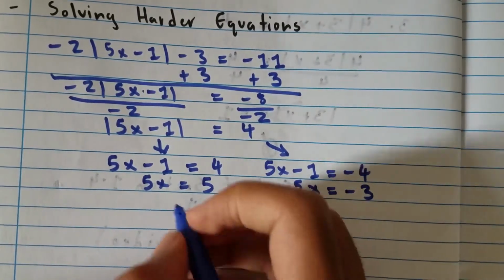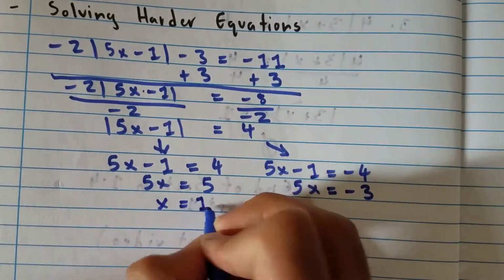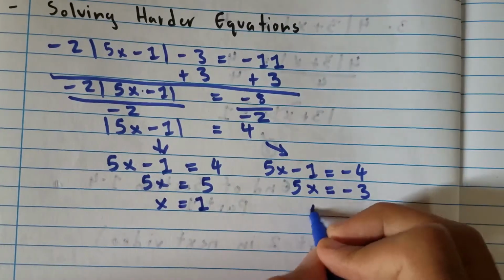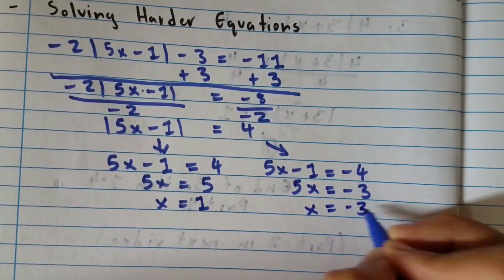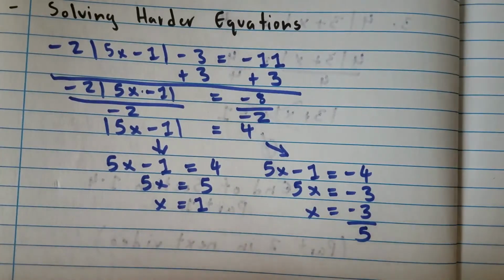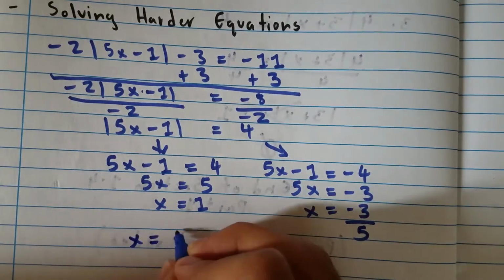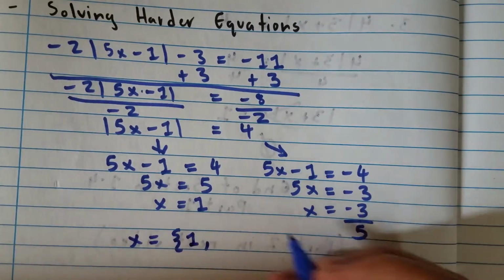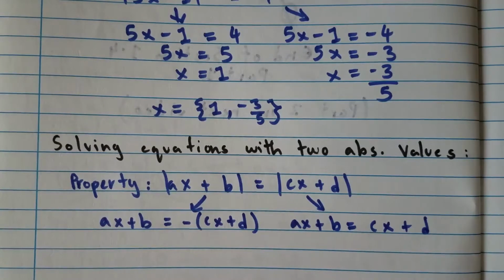Here we get x equals 1 if we divide by 5 on each side, and here we get x equals negative 3 over 5. So we know that the two answers for this equation are x equals either 1 or negative 3 over 5.